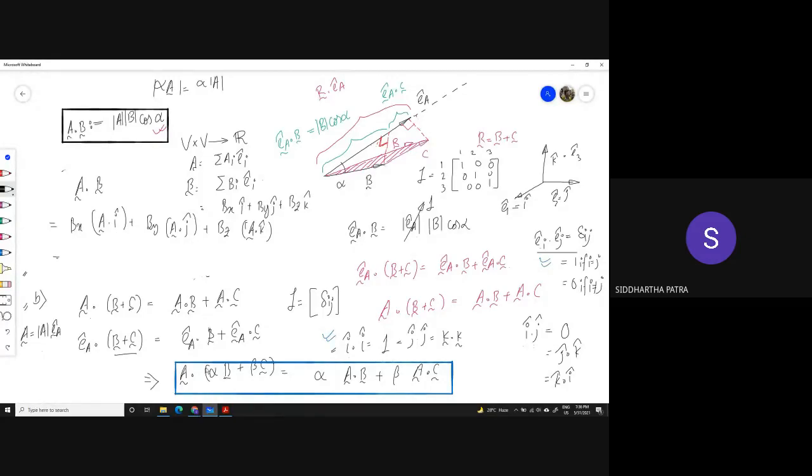Using this linearity of the dot product, this would eventually give me that this is only bx times ax, because all the other terms coming from this dot product are going to be 0. So ay by and az bz. Okay, so that essentially is your summation over i from 1 to 3 of a_i b_i.